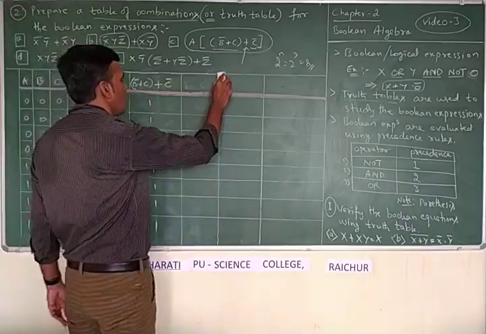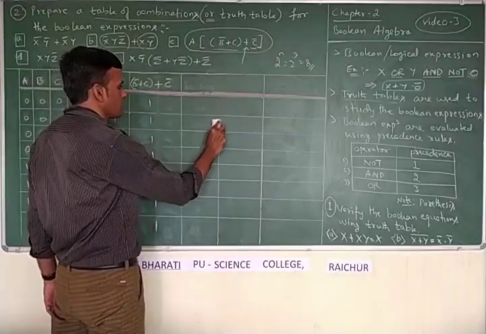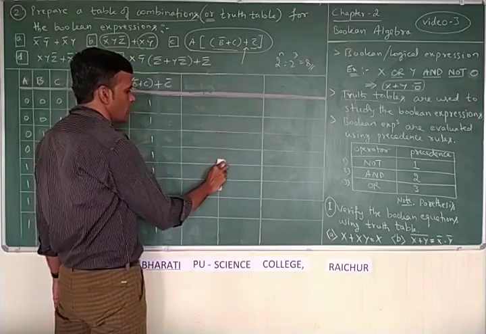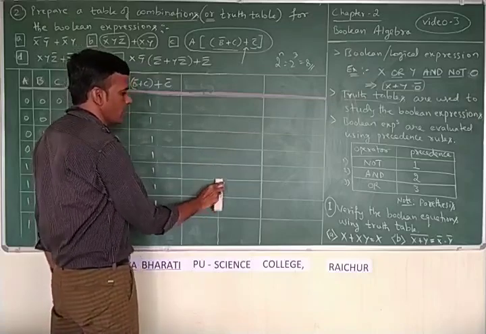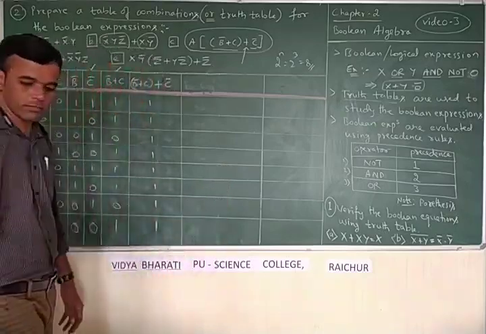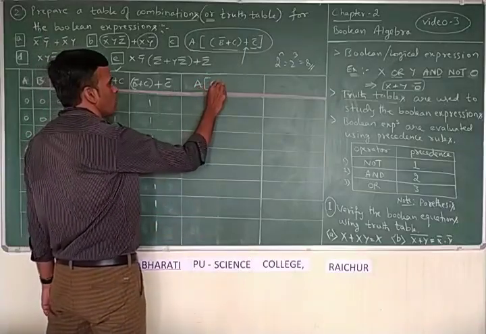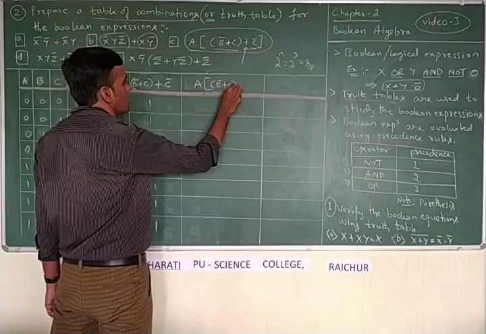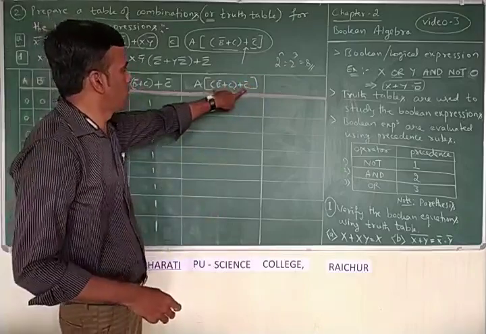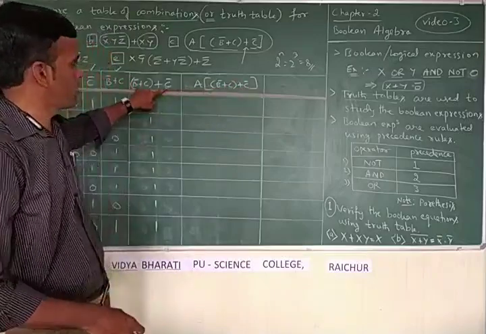Okay, now we'll write the complete expression. Outside we have the variable A, so the complete expression is A of B bar plus C, plus C bar. This complete expression within the outer bracket is evaluated here.